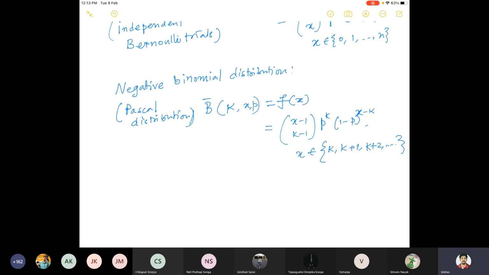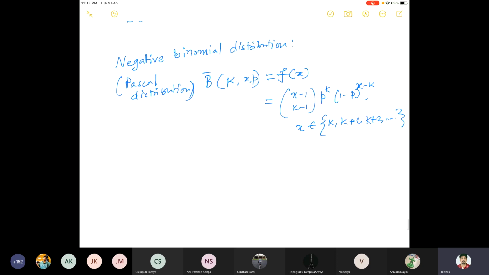Now, today we'll first talk about a special case of this negative binomial distribution, which is called the geometric distribution. Geometric distribution is a special case. Just take k equal to 1, the first success.